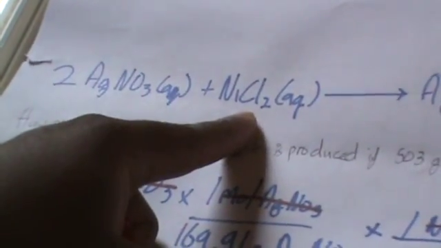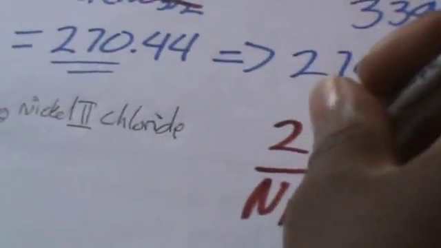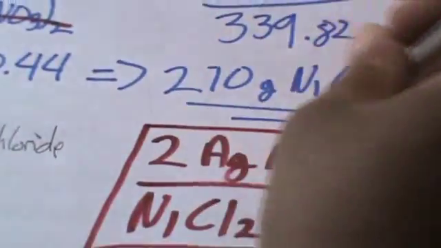So for every 2 of these, we have 1 of those. We can put that over here to reflect: NiCl2. So that's the other conversion factor that we have.